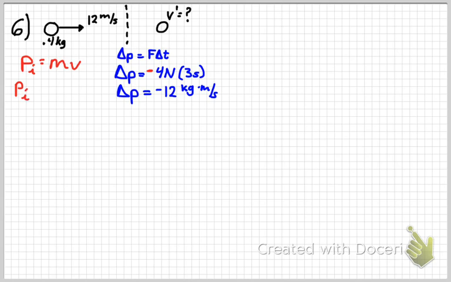So initial momentum is simply going to be the mass, which is 0.4 kilograms, times the 12 meters per second, which is the original velocity. So my initial momentum is going to be 4.8 kilogram meter per second.